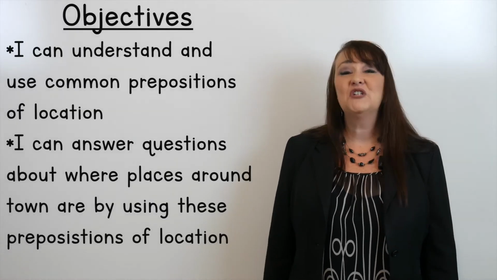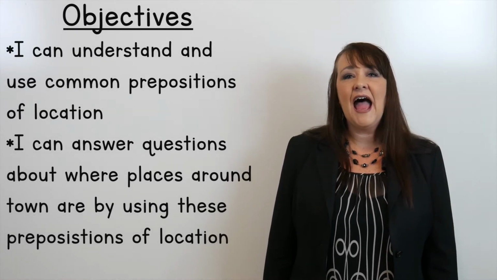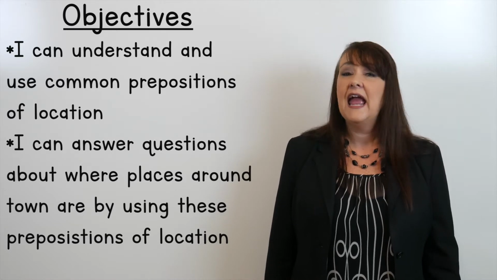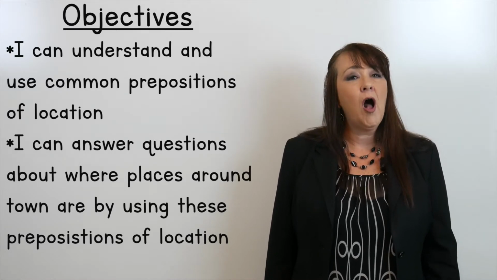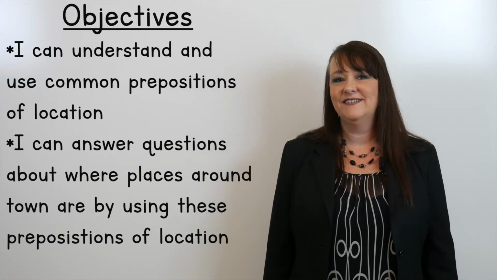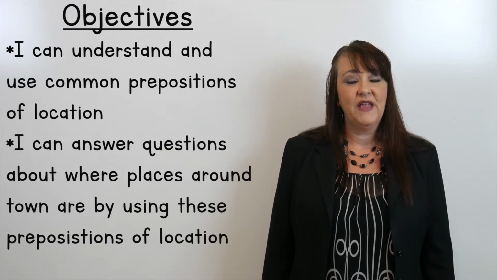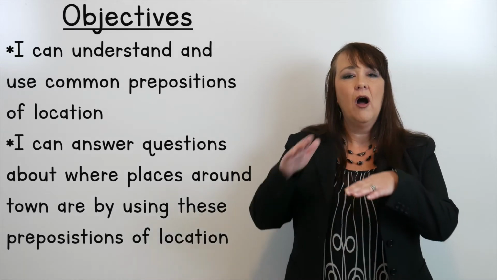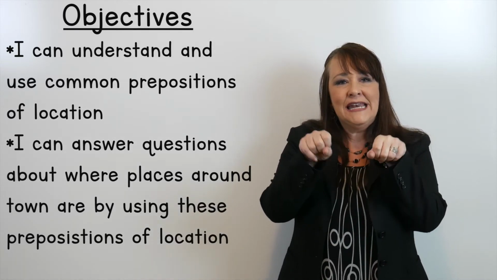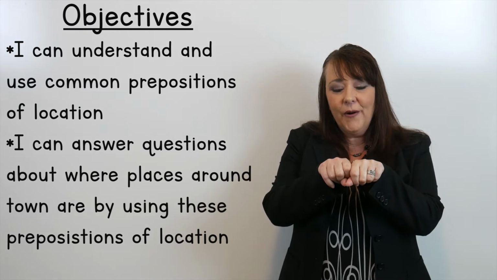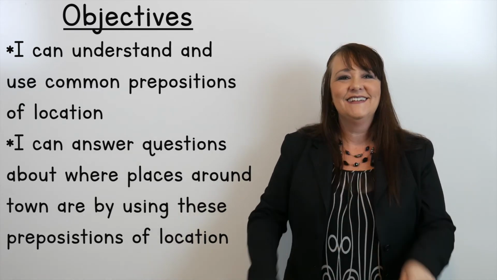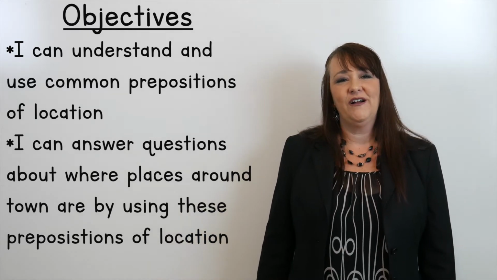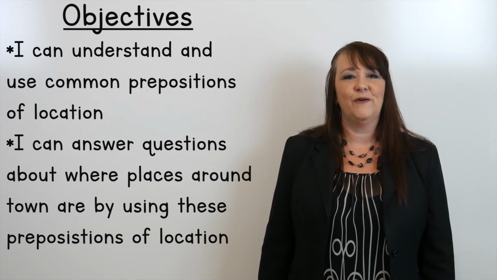The first objective says, I can understand and use common prepositions of location. Prepositions of location are words like on, or next to, or between, on the corner of, and across from.